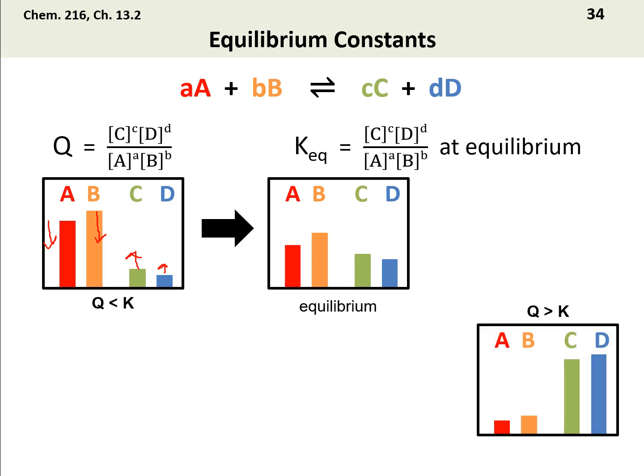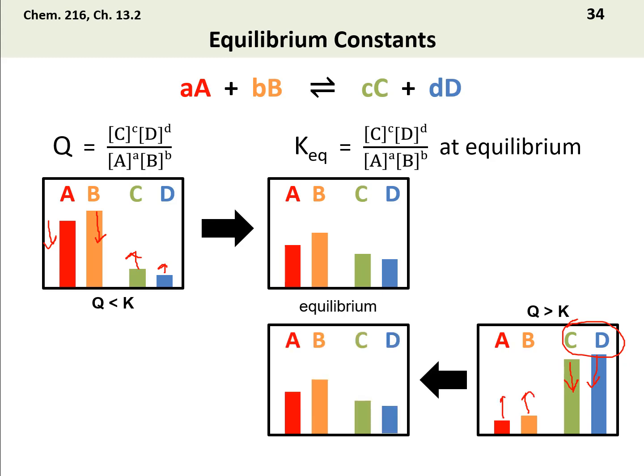But let's say in a different world I had a Q that's greater than K, so I have too much product and not enough reactant. My products are going to go down, they're going to form reactants, and the reactants are going to increase until I get to equilibrium.